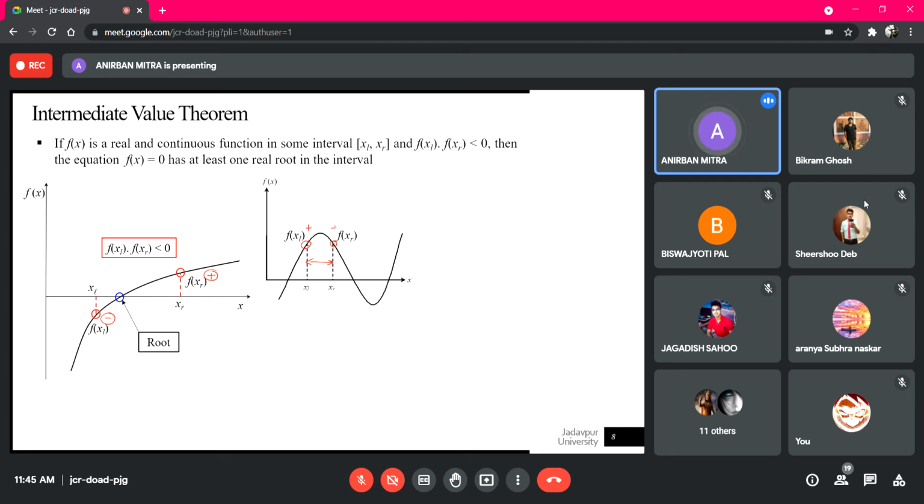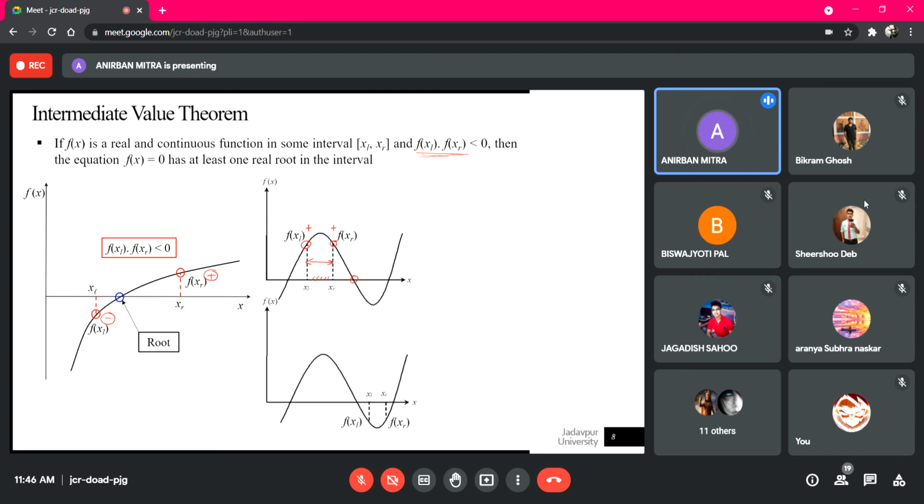We have a positive functional value here. So obviously, this condition is not satisfied. Both are positive, so the product cannot be less than 0. And you can clearly see that within this interval, there is no root. The root is somewhere around this side.